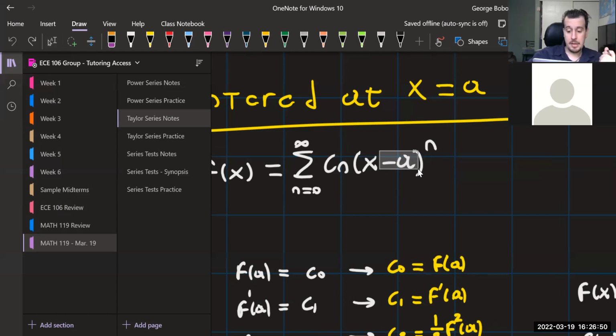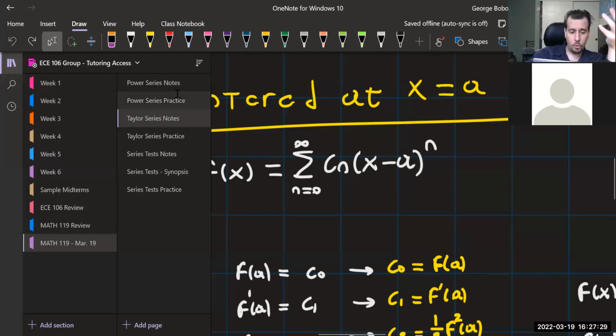And if you added a constant, it corresponded to a horizontal shift to the left, right? That's what you did in transformations for functions. When you multiplied a function by a constant, depending on the value of this, it either stretched the function vertically or compressed it vertically, depending if this was greater or smaller than 1. And that's exactly what's happening here. Really, this stretches the actual radius of convergence or compresses it, and this shifts it. This shifts the interval of convergence from 0 around.